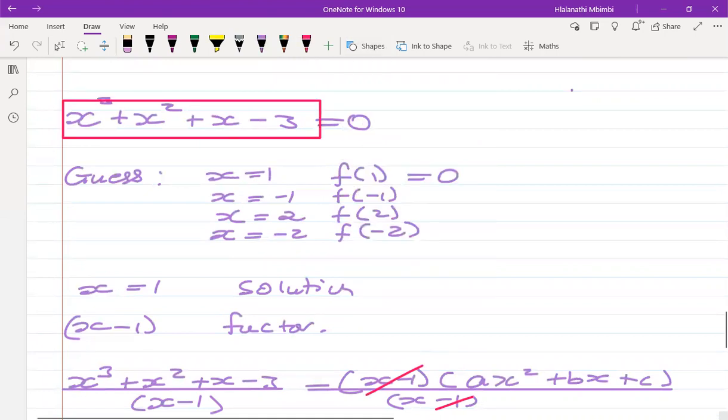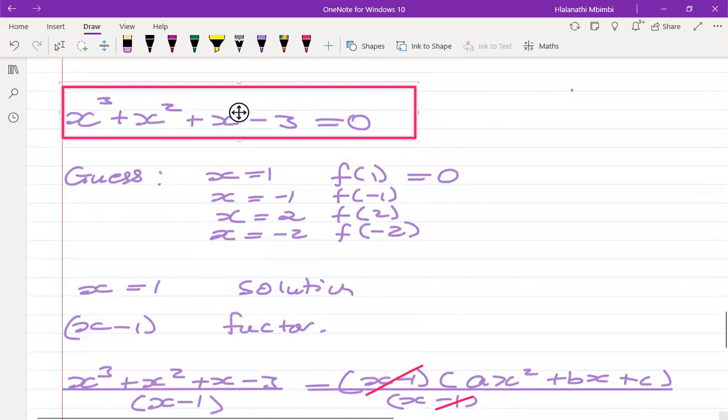Do they give it to you? Were you trying to factorize this, Miss? So when you were guessing, you were using that. Wait, what are we trying to factorize? I want to know where that comes from. Do they give it to you?